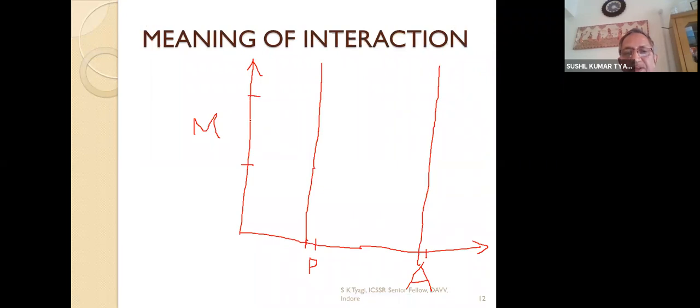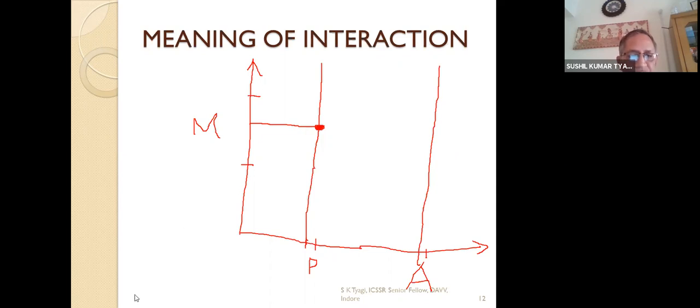So 8 is here. This is the mean of non-science. Now the mean of science on the same line.